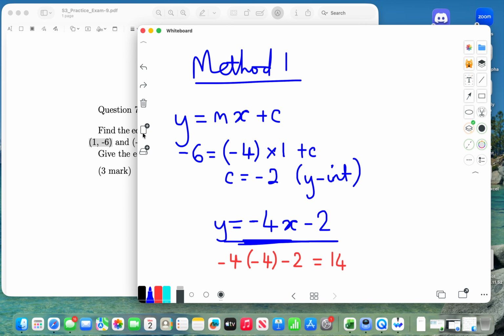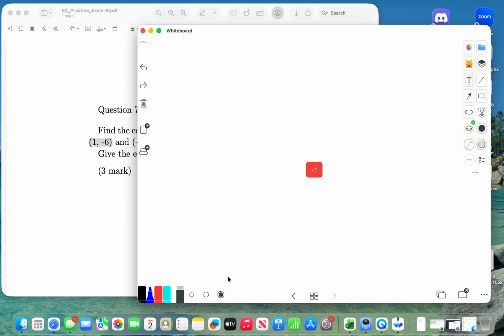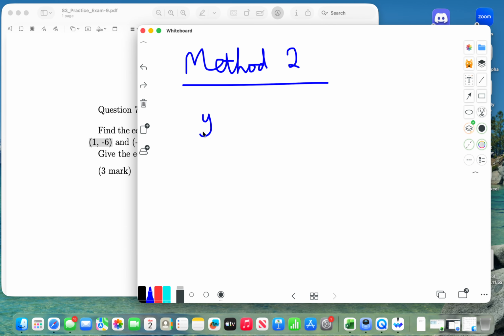But let's suppose you were taught this instead. y minus b equals m times x minus a.